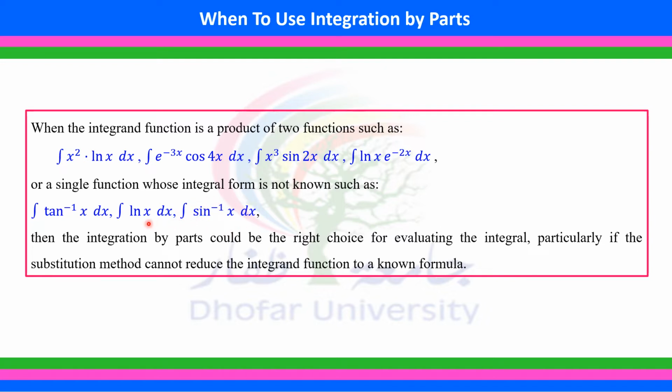In each of these integration problems, we noted that the substitution method cannot solve these kinds of problems, maybe except this integral problem. So integration by parts is a suitable choice for such a kind of integration.